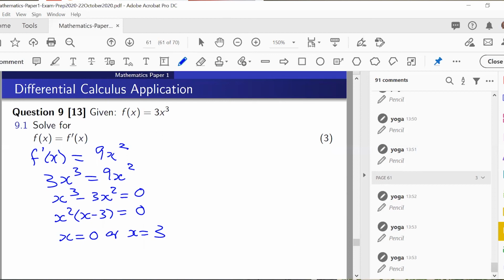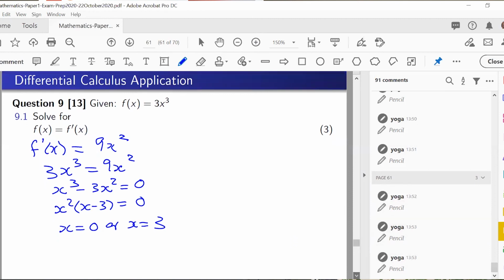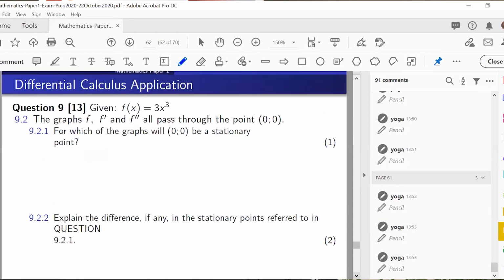So those are the two values of x, such that f is equal to the derivative. Now the graphs of f and the derivative of f all pass through the point 0, 0.